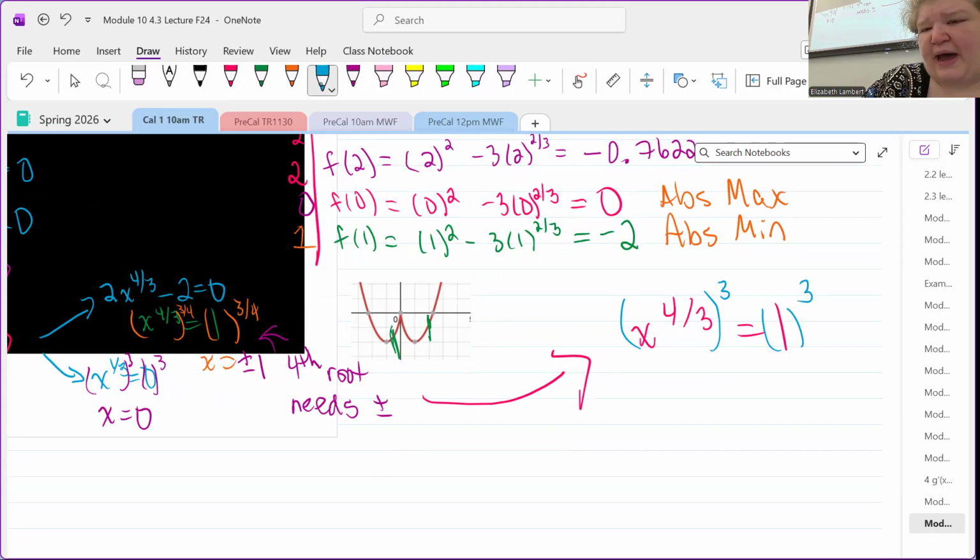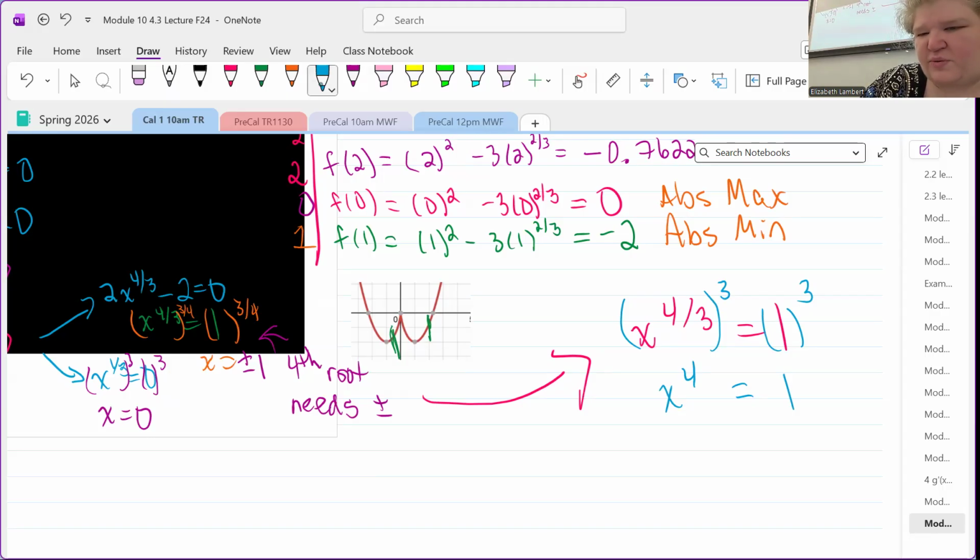So x to a power, we multiply the powers. So 4/3 times 3 leaves us with x to the 4th. And then 1 to the third power is still 1. Raising both sides to an integer power, whether positive or negative, will just take care of that.